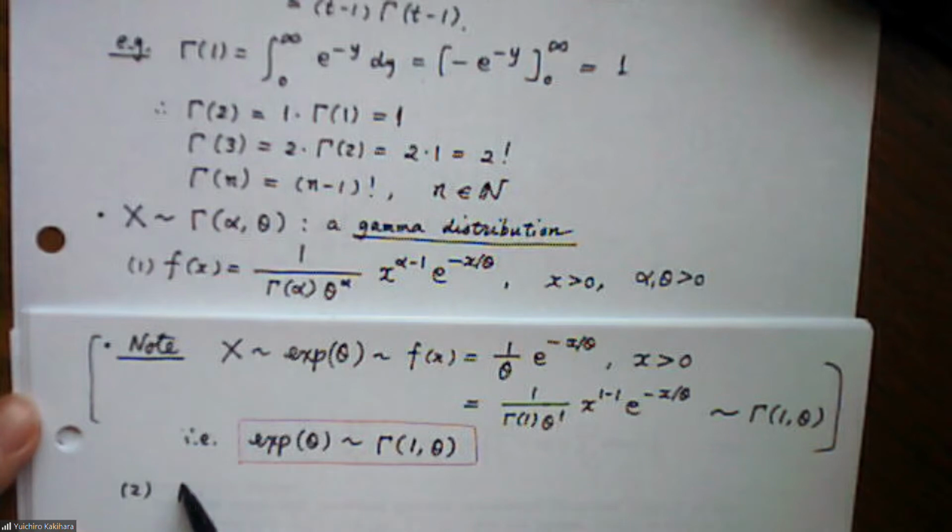The next thing is the moment generating function. We would like to derive this. It is given by 1 minus theta t to the negative alpha, where t is smaller than 1 over theta. We need to show this.